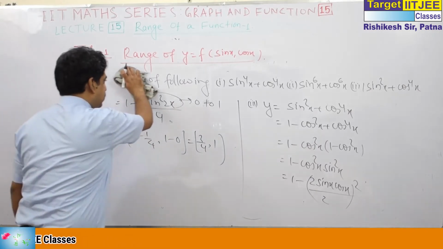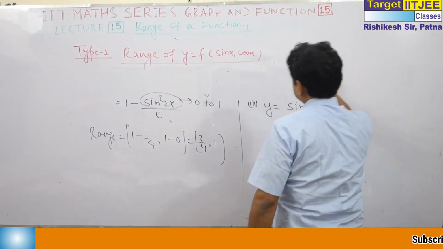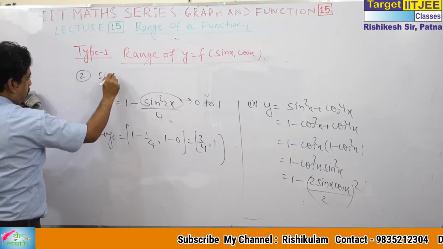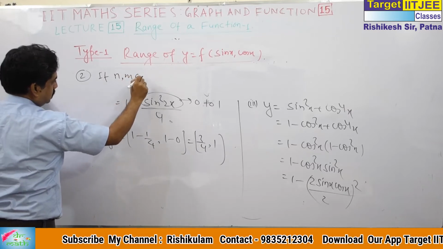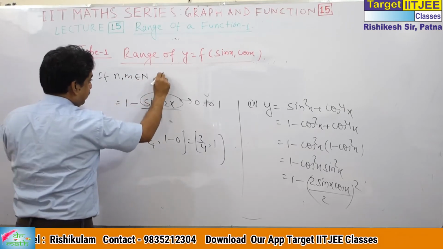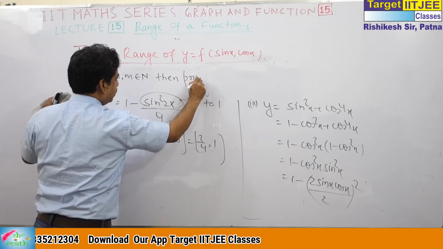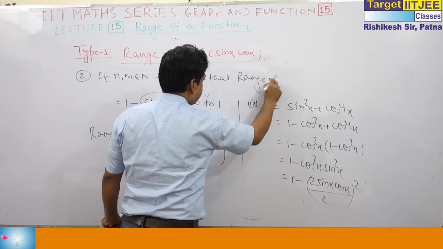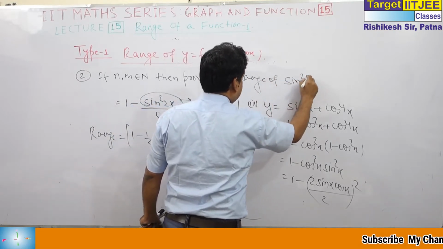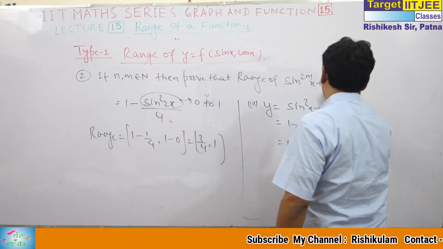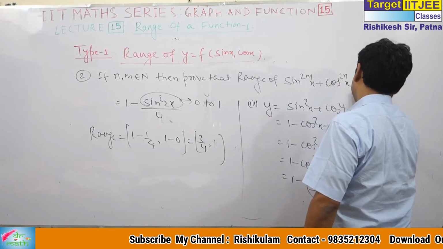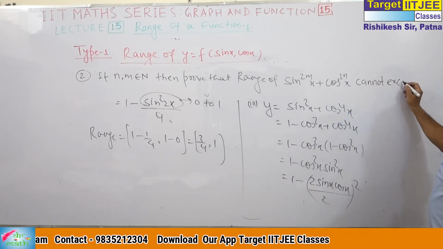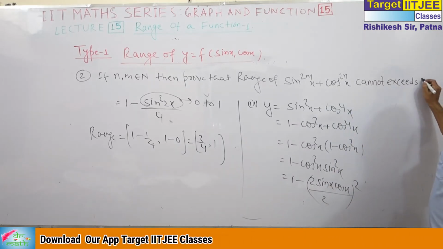Come to the next question, and what I am doing will be more than enough. If m, n belongs to N, then prove that the range of sine to the power 2m x plus cos to the power 2n x cannot exceed 1.